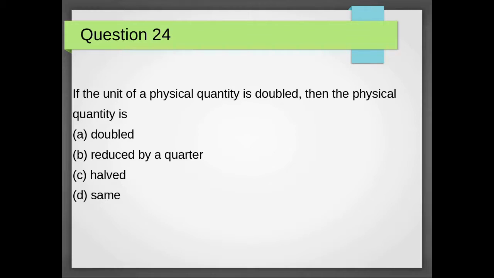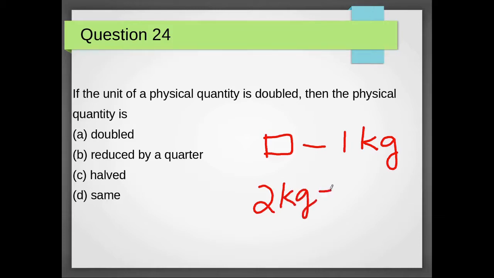So basically the content of your box was in the original case 1 kg, but now kg has doubled, which means 2 kgs are now called with a new name called alpha, which means now your original box as per the new unit will be half alpha, which means the physical quantity gets halved when the unit of the physical quantity gets doubled.